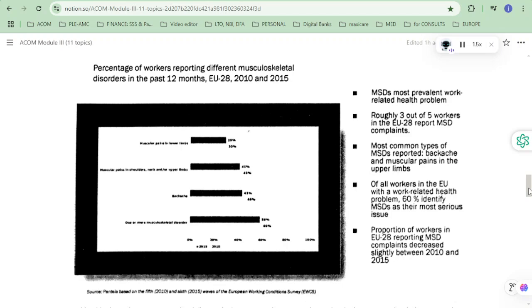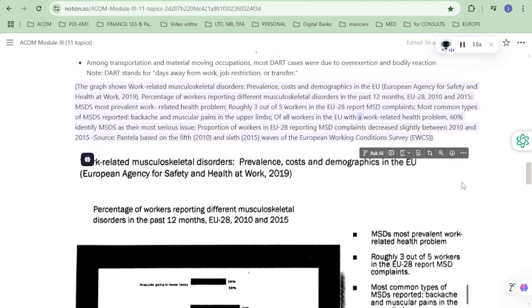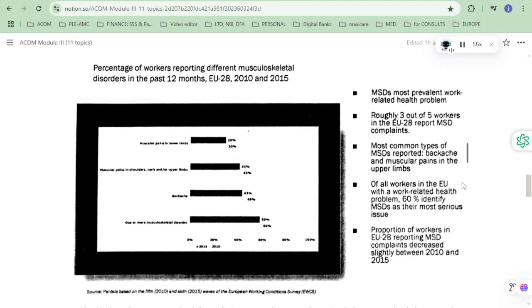The most common types of MSDs reported are backache and muscular pains in the upper limbs. Of all workers in the EU with a work-related health problem, 60% identify MSDs as their most serious issue. The proportion of workers in the EU 28 reporting MSD complaints decreased slightly between 2010 and 2015. Source: Eurofound, based on the 5th, 2010, and 6th, 2015, waves of the European Working Conditions Survey, EWCS.